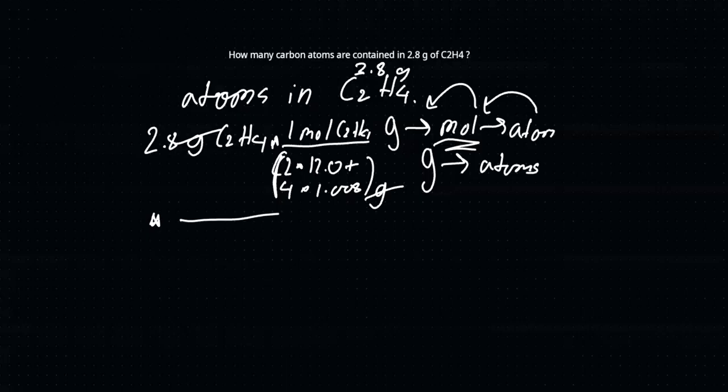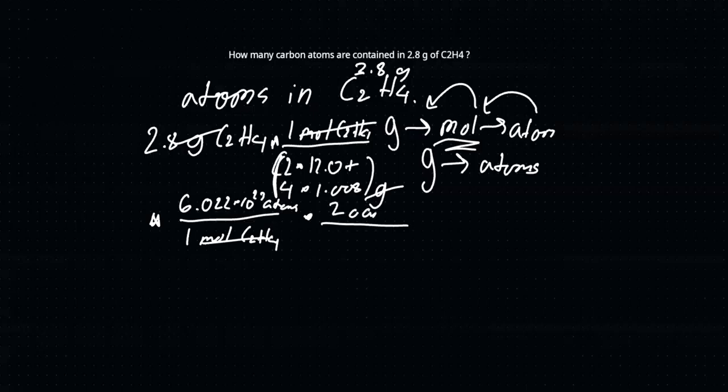1 mole of C2H4, like any mole, has 6.022 times 10 to the power of 23 atoms. However, it is important to note this will give us the atoms of C2H4, not the atoms of all the carbons. For the carbons, we have 2 carbons for 1 C2H4.